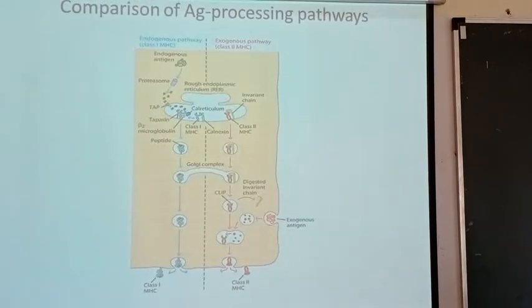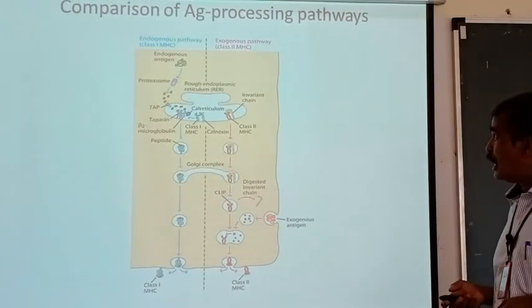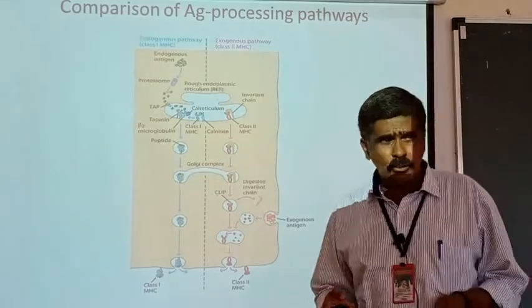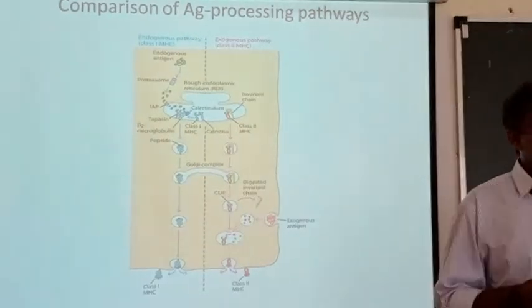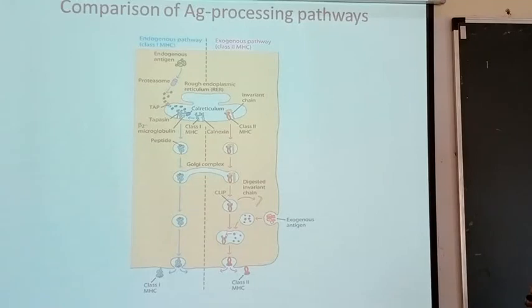Now we will compare how the MHC, that is the endogenous pathway and the exogenous pathway, is carried out. Class I MHC is endogenous, and class II MHC is exogenous. So here the endogenous antigen is there, proteasomes, it is coming inside the endoplasmic reticulum.